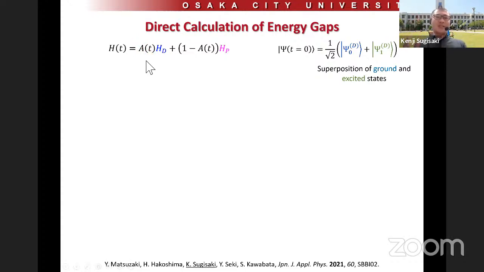And let us think about the adiabatic quantum computing, starting from the superposition of ground and excited states of the driving Hamiltonian. So this is the ground state of the initial Hamiltonian, and this is an excited state of the initial Hamiltonian.